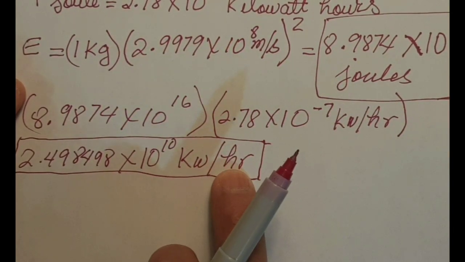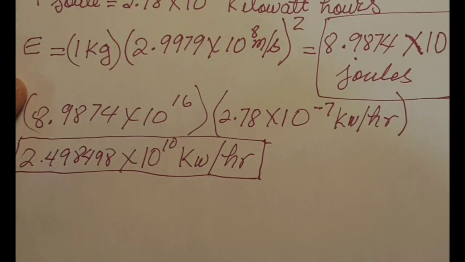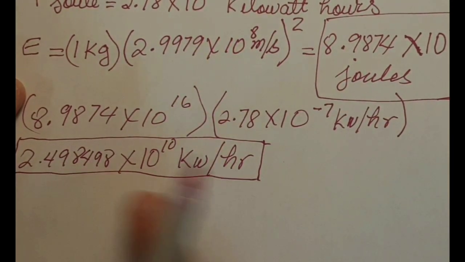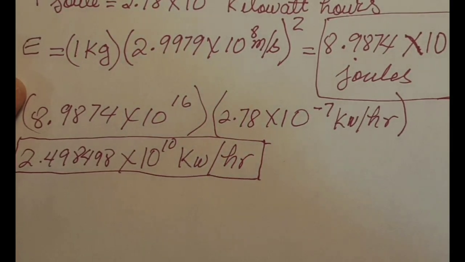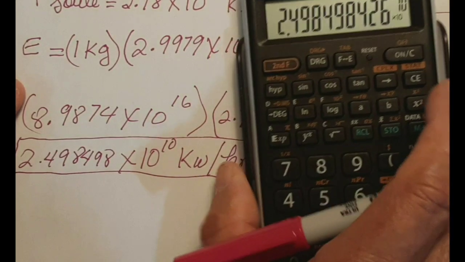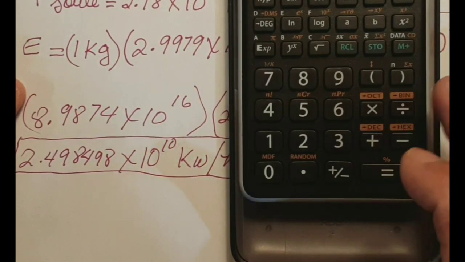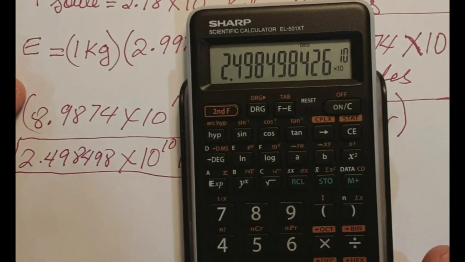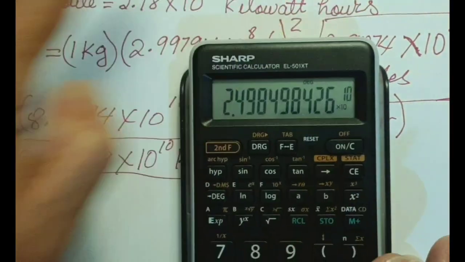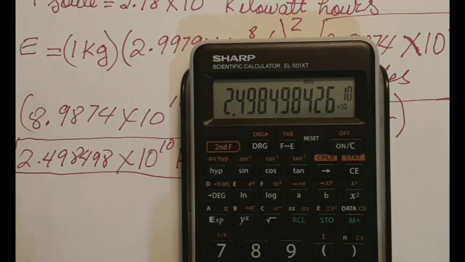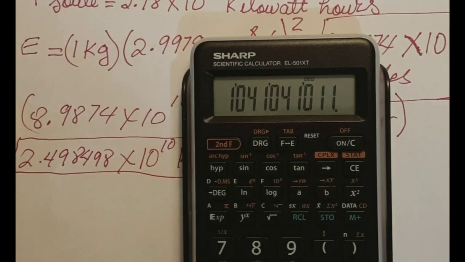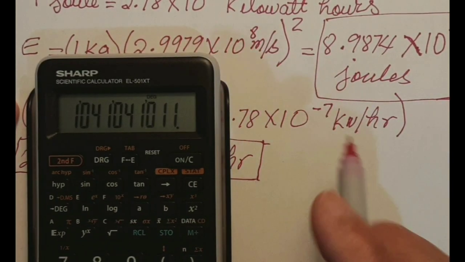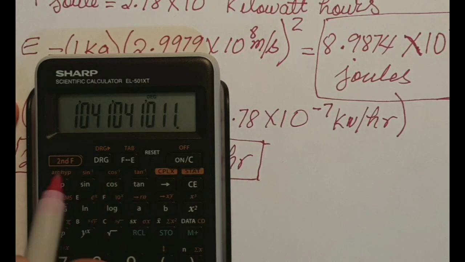So since we have this kilowatt hour, we have to convert it to days. Here we have the energy in hours. How many days? We know that 24 hours is 1 day, so we divide by 24 hours. That is the amount of days that the lights will burn.